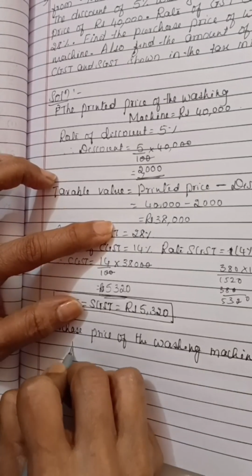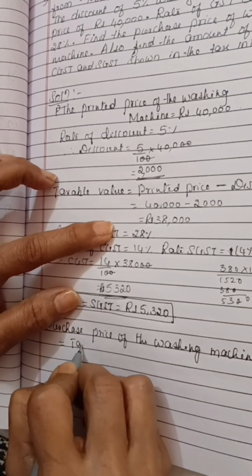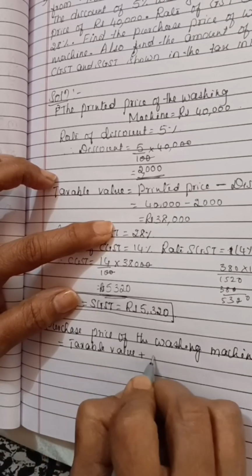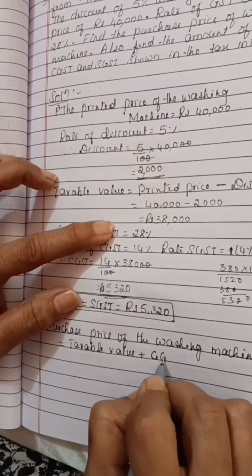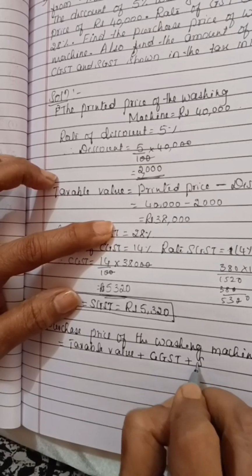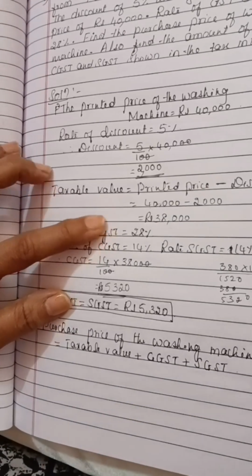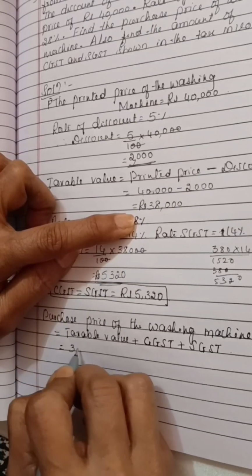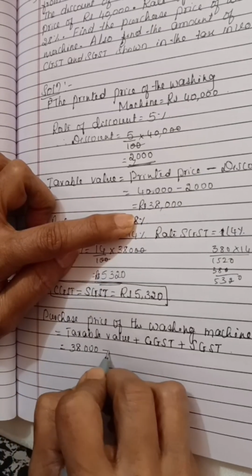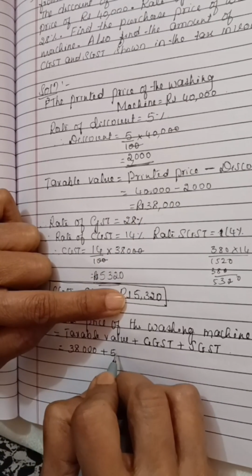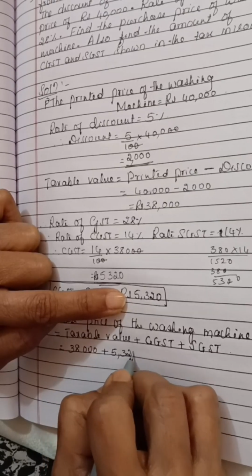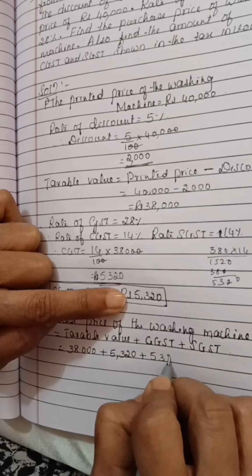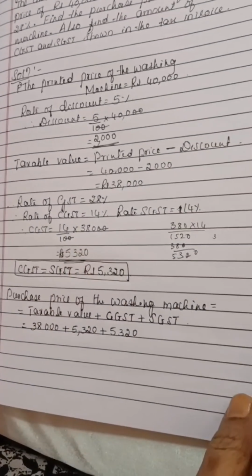Taxable value is 38,000, plus CGST that is 5,320, plus SGST also 5,320. So we have to add all this.